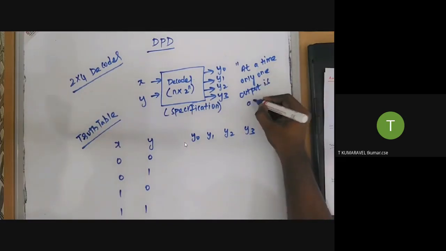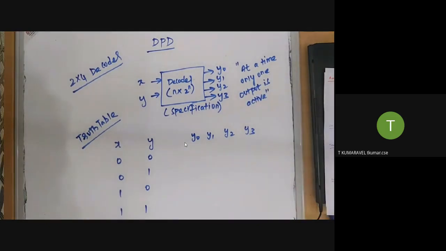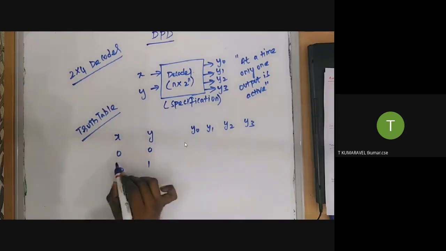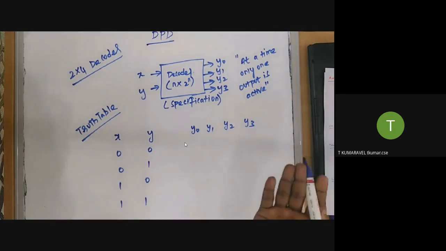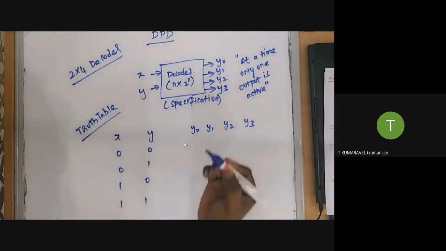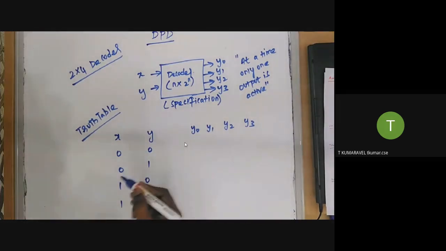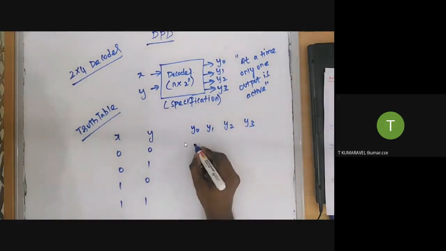For example, I'm a user. Initially, I'm going to provide 0 as an input combination. In the output circuit, four outputs are there. Among the four outputs, only y0 is enabled. Suppose you are giving input as 0, 0. The enable we denote as 1.